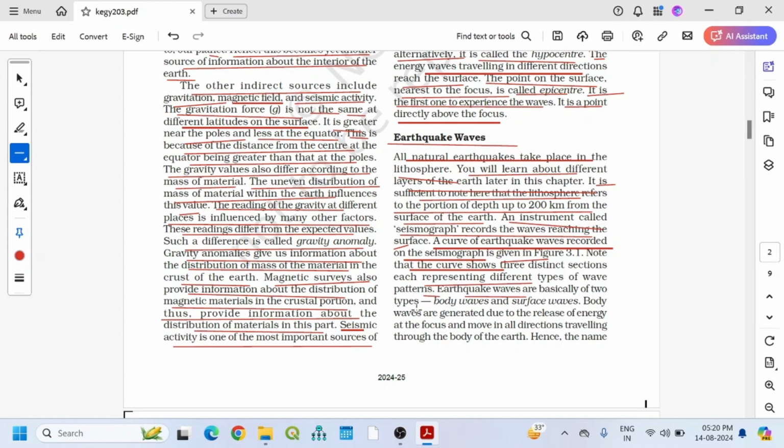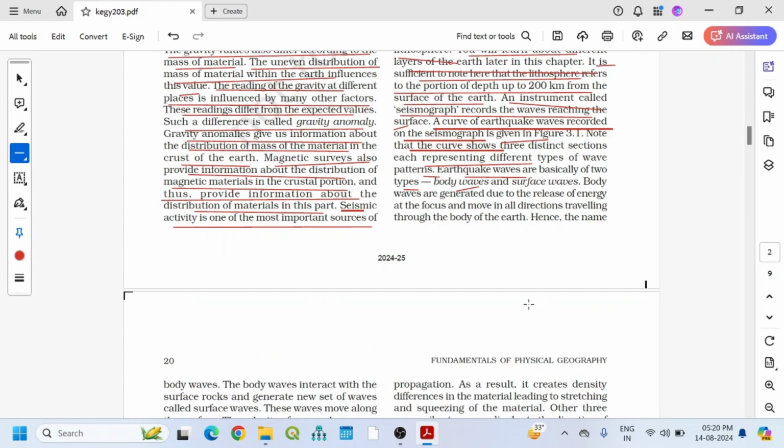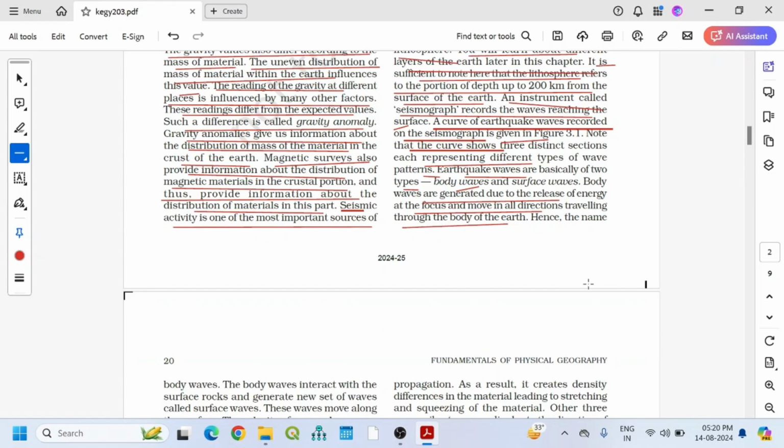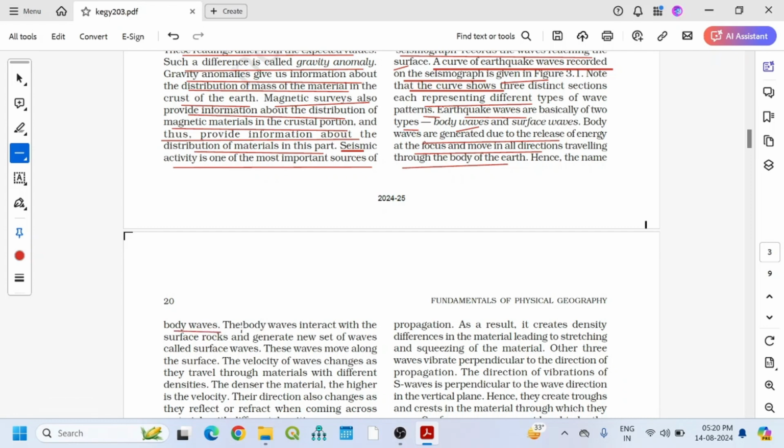Earthquake waves are basically of two types: body waves and surface waves. Body waves are generated due to the release of energy at the focus and move in all directions traveling through the body of the earth, hence the name body waves. The body waves interact with the surface rocks and generate a new set of waves called surface waves.